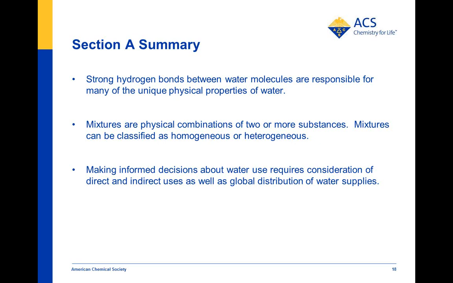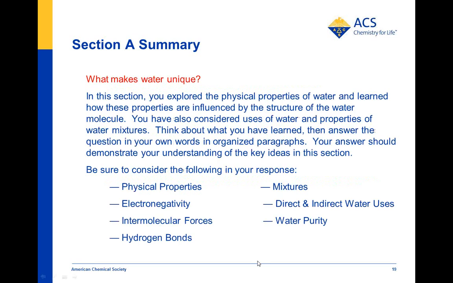One of the next goals is to distinguish between different types of mixtures. And so we look at how combinations of two or more different substances give you different types of mixtures. We are also supposed to interpret and create models so that we can represent mixtures, and finally analyze personal and community uses of water, including direct and indirect uses.